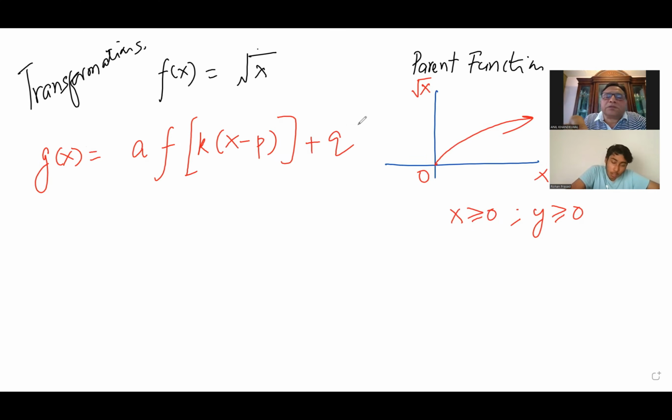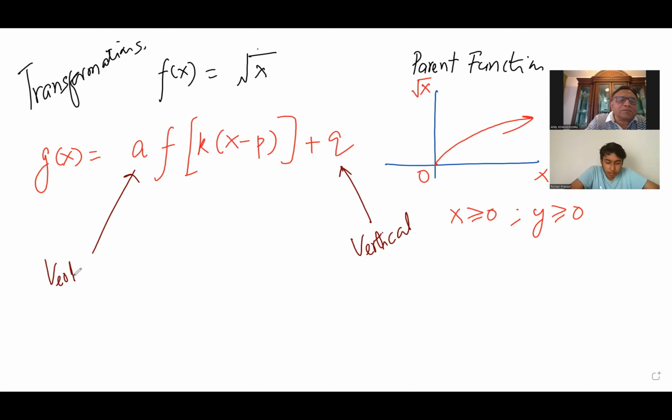So as you know, Rohan, in this particular case, a and q relate to vertical. As far as a is concerned, it deals with vertical stretch or compression.